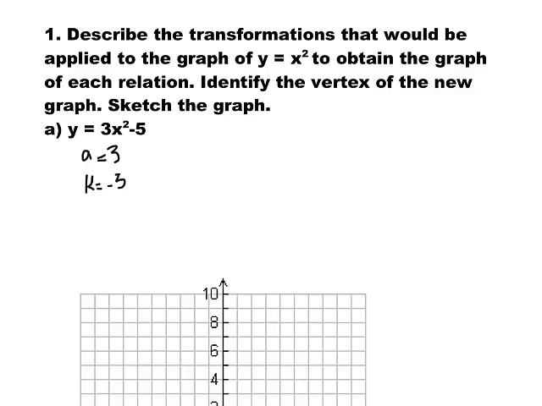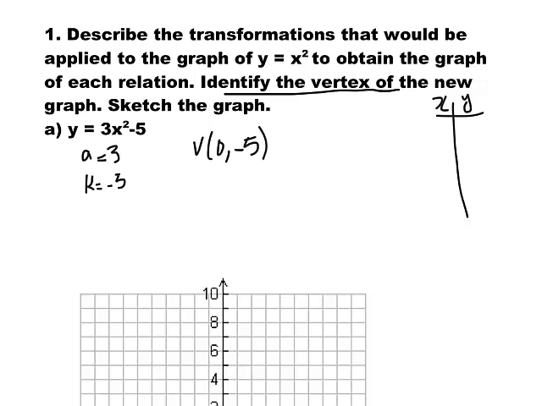The next part says identify the vertex of the new graph. The vertex is going to be (0, k), which is (0, negative 5), and then graph the function. To graph the function, we are going to use a table of values.